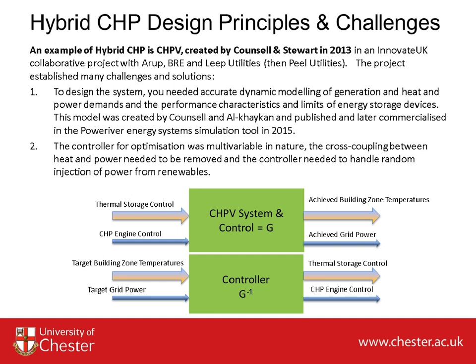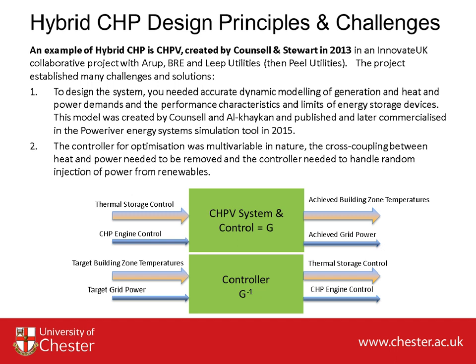What we're trying to do is work out how we could control the thermal store and the CHP engine to achieve an ideal grid power set point, how much power we draw from the grid, whilst maintaining thermal comfort in the buildings. So therefore we need to create a controller, which if the process is G, we need to do G to the -1.